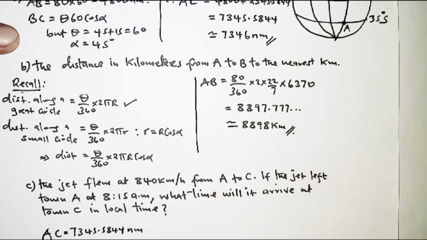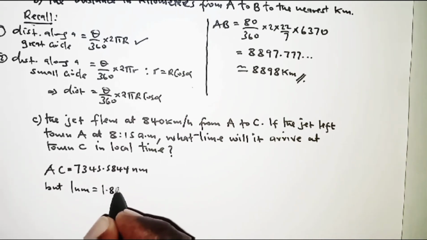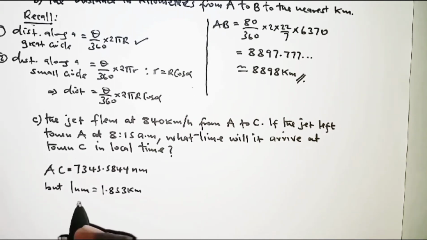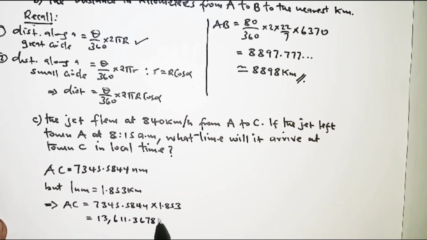nautical miles, but 1 nautical mile is equal to 1.853 kilometers, which implies that AC in kilometers is 7,345.5844 times 1.853, and that is 13,611.36789 kilometers.